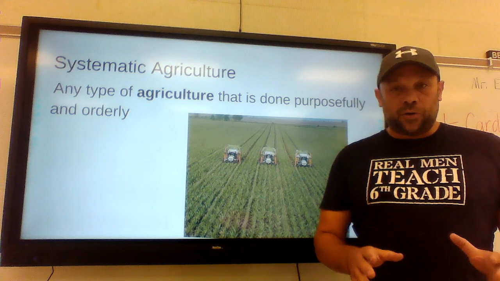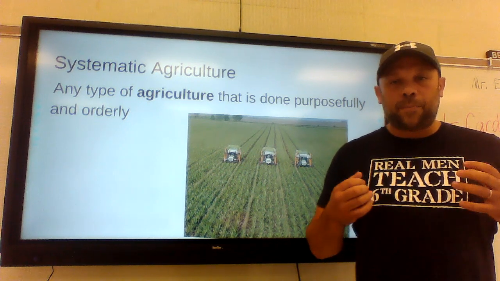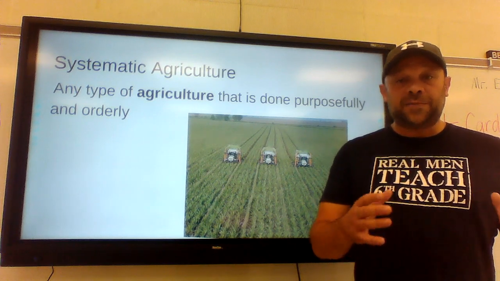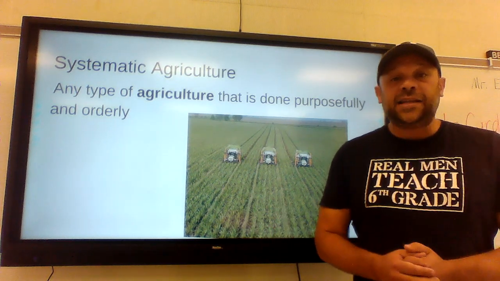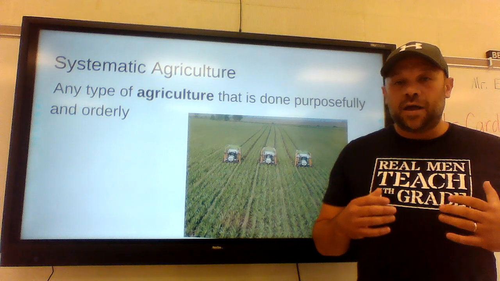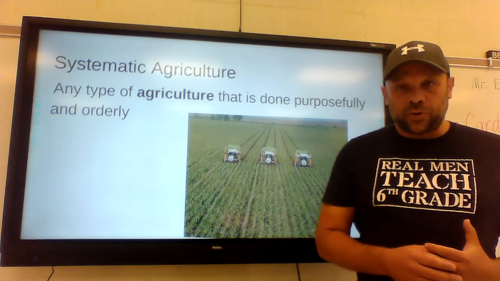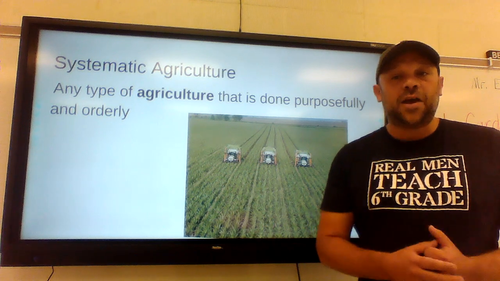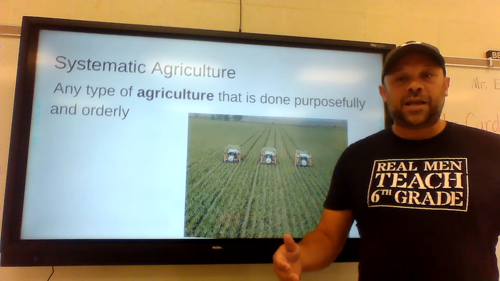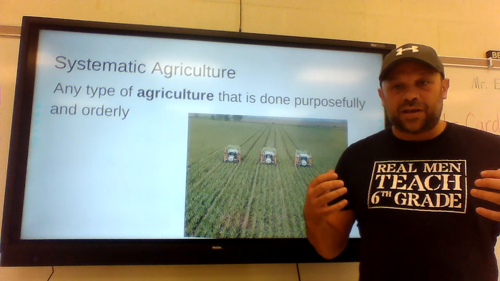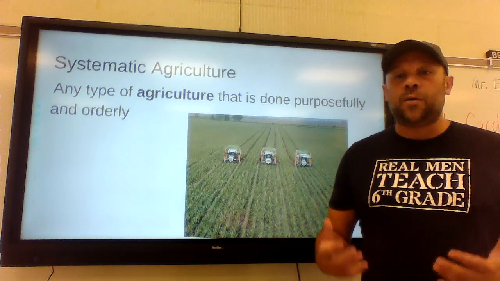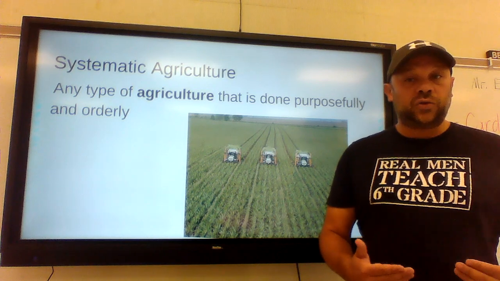But systemic agriculture is where we look at purposeful farming. It's any type of agriculture, which means farming, that is done purposefully and orderly. Farmers plant seeds, tend their crops, weed the field, make sure that nothing else is going to come in and destroy their crops, provide water for those crops so that they will grow, and then harvest those crops.